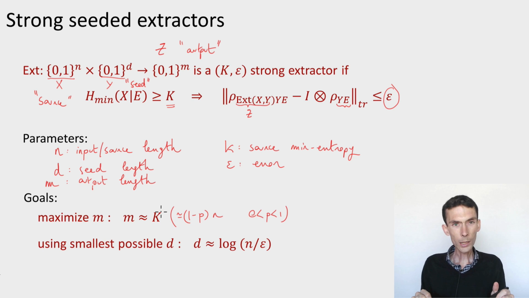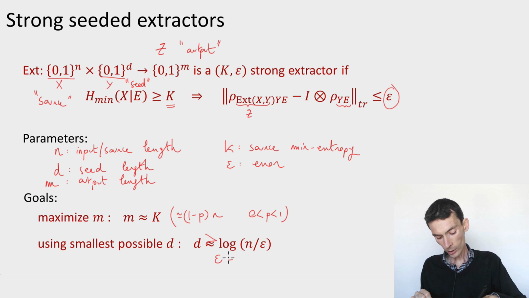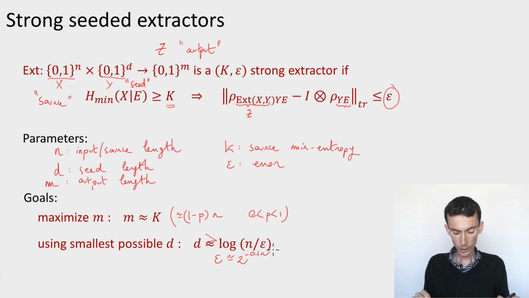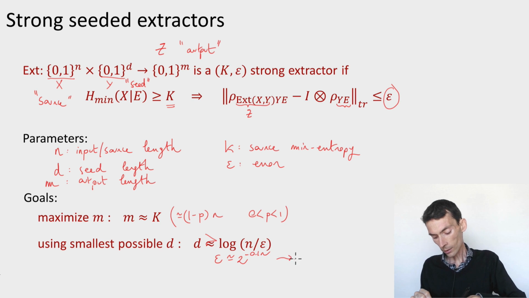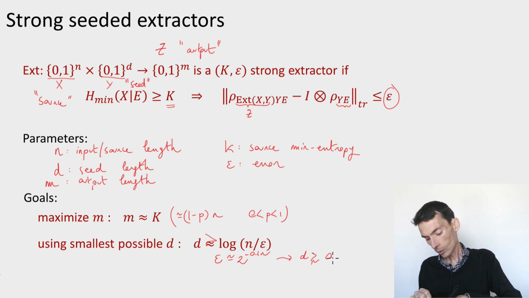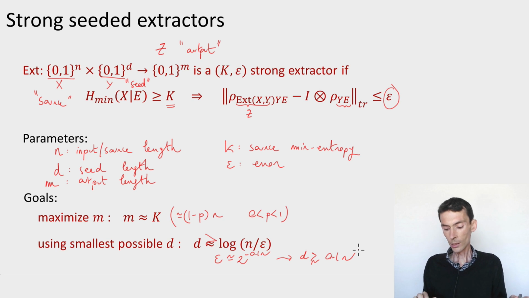What you can argue, however, is that the seed cannot be too small. In particular, it cannot be less than logarithmic in the source length n divided by epsilon. So if you want epsilon to be exponentially small, something like 2 to the minus n, let's say 2 to the minus 0.1 n if we're a little bit less ambitious, then the seed length has to be roughly 0.1 n, linear in n.